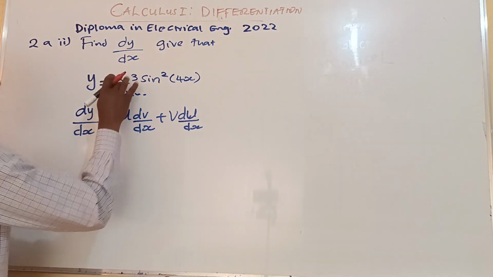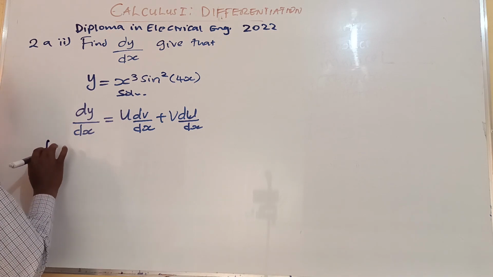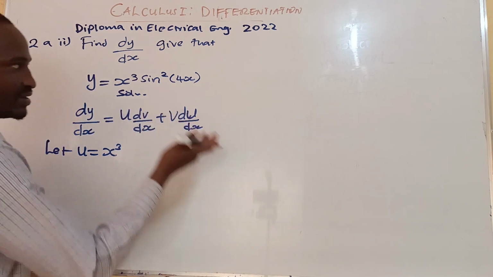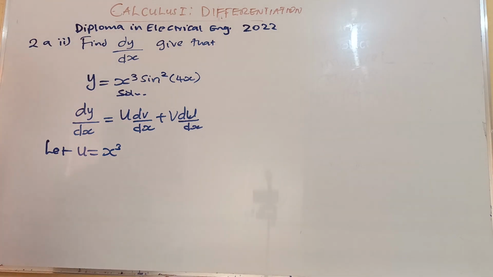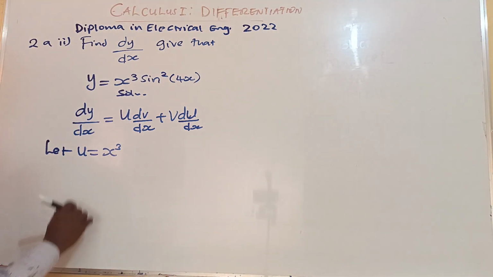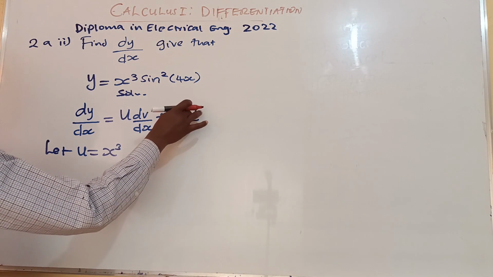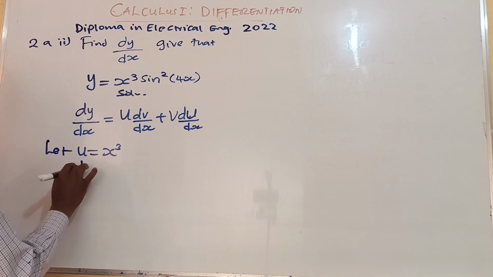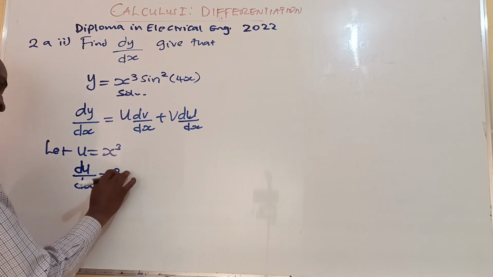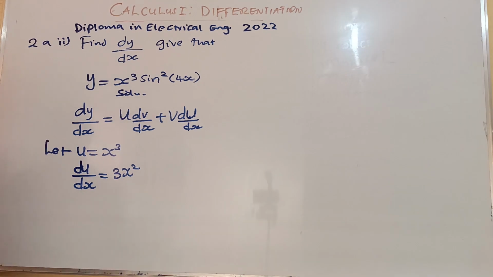Let u be equal to x cubed, but you can also take u to be equal to sine squared 4x. It gives you the same answer. Because we need u somewhere in our formula, let us get it in readiness. The derivative of u with respect to x will be 3x squared.